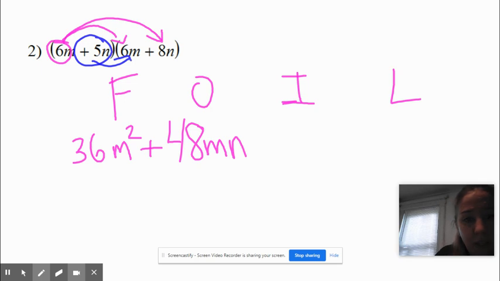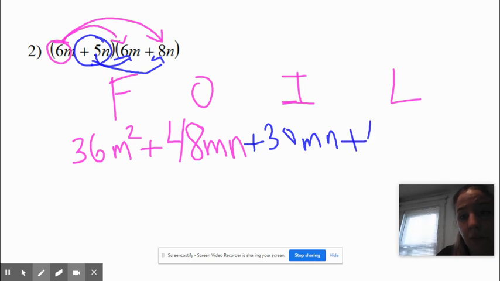So 5 times 6, that's 30. And then n times m, we'll go alphabetically, is mn. And then 5n times 8n is positive 40n squared, right? Because n times n.